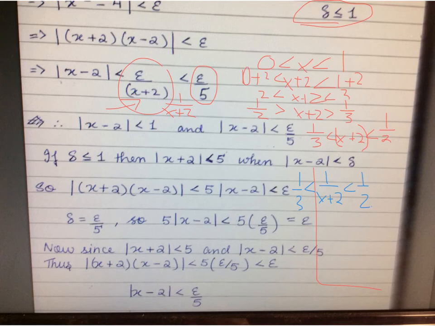And so in other words, we want epsilon over 2 there, okay?